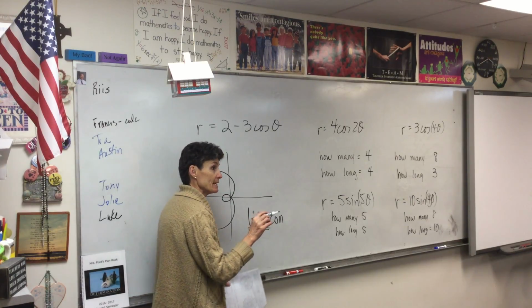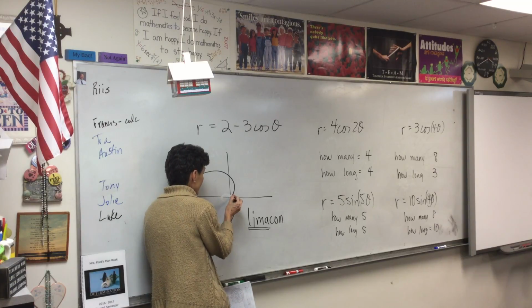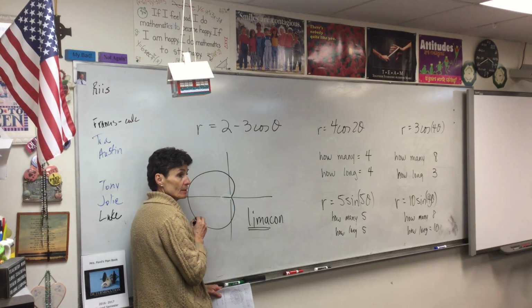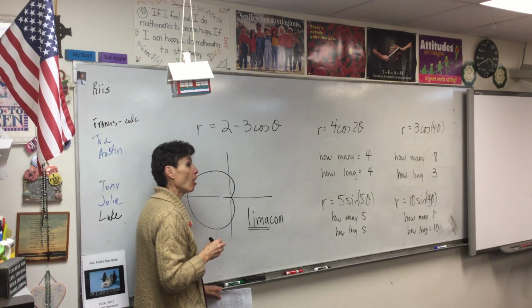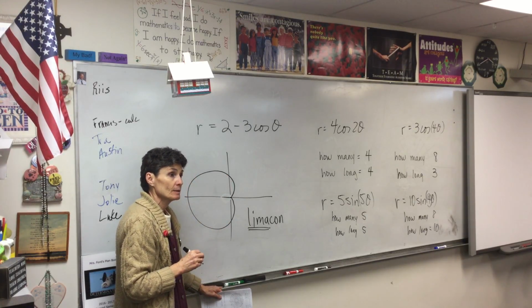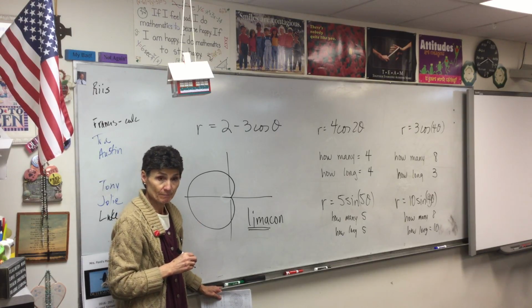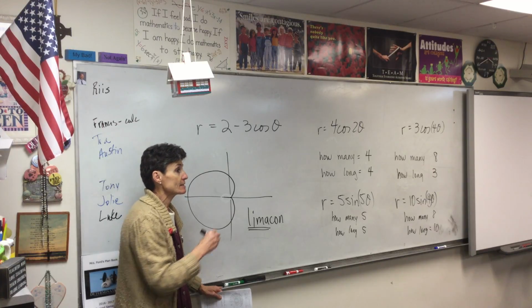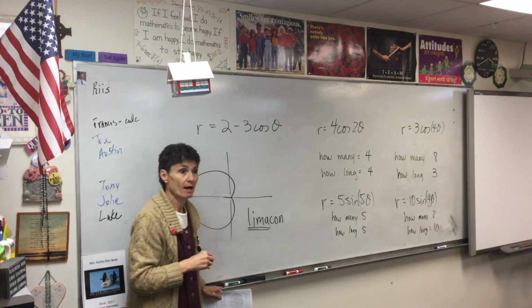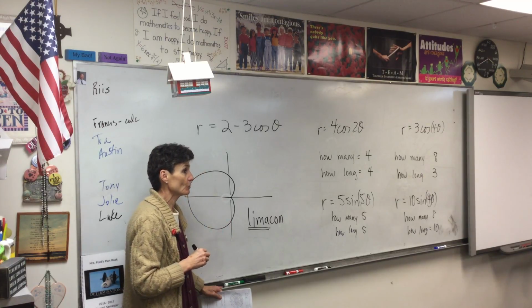So basically, kids, what we have is a shape that looks like this. Now, I don't know about you, but that looks like a heart to me. That is what we call a cardioid. So what is a cardioid? It is a special limaçon that doesn't have that interior loop.